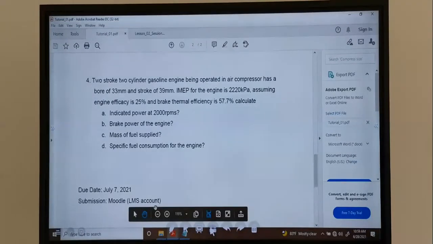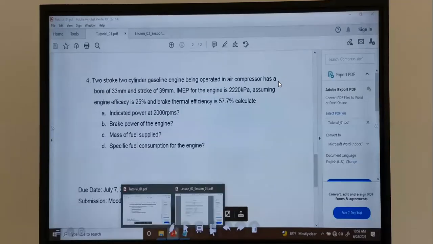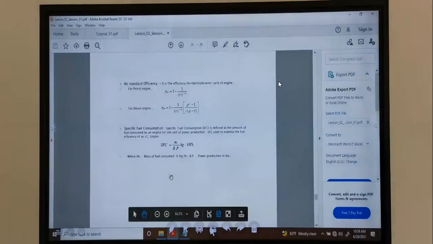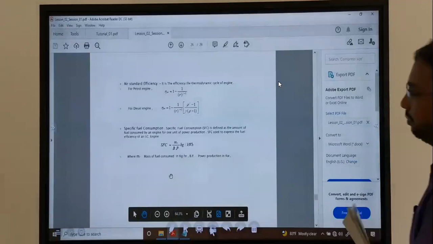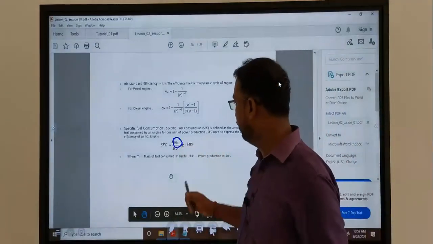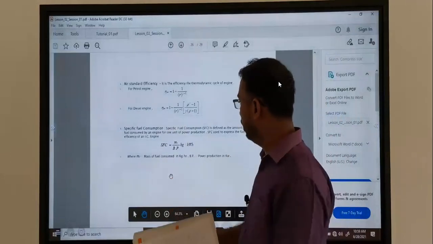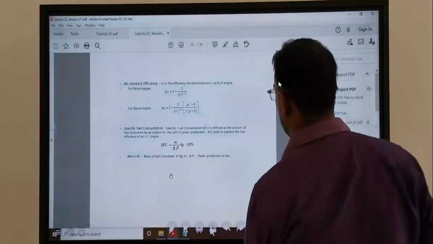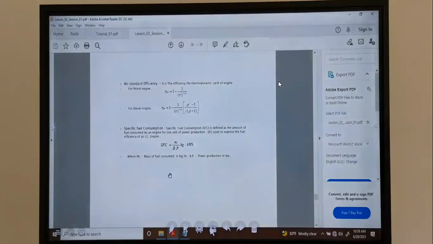So now the mass of fuel supplied we calculated. The last one is the specific fuel consumption of the engine. We know this equation: the mass of fuel consumed, MF, we know, and BP we also know, so we can calculate the specific fuel consumption.